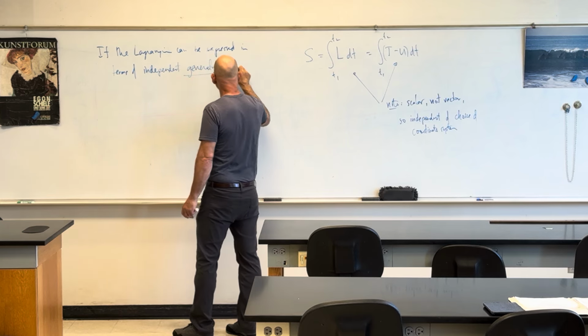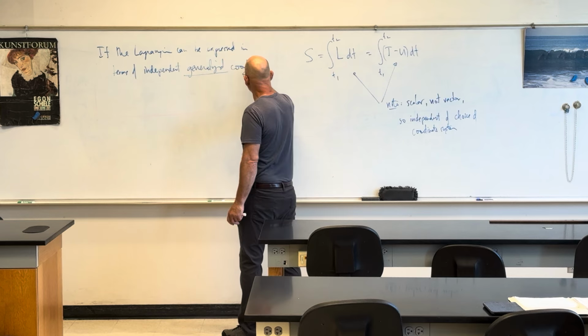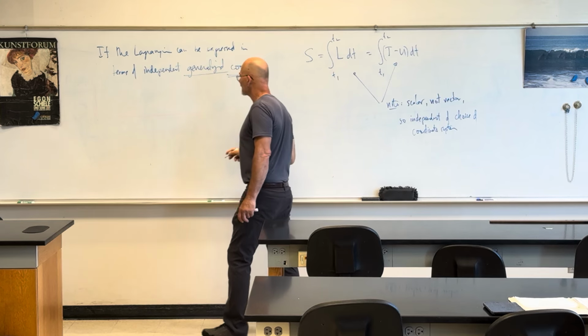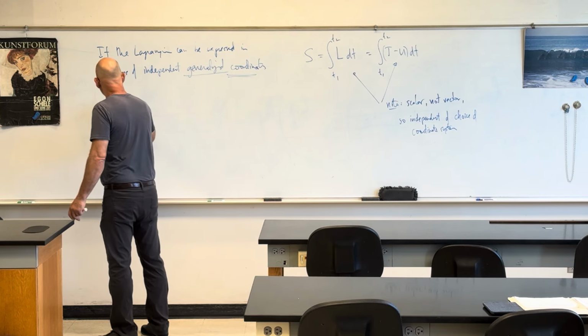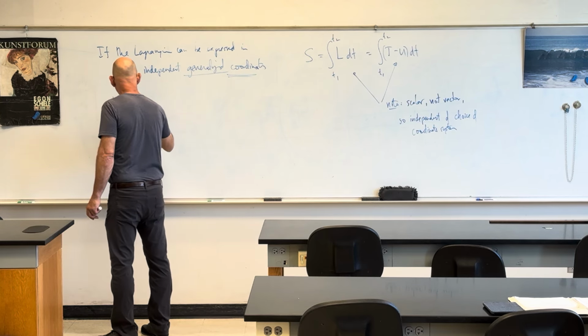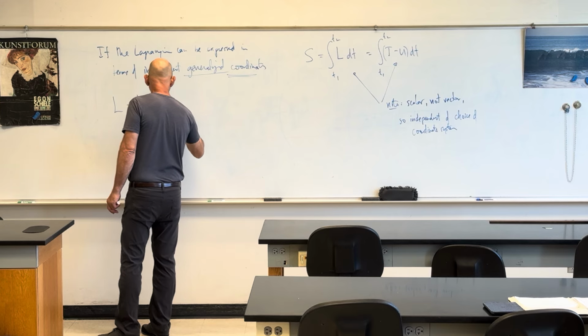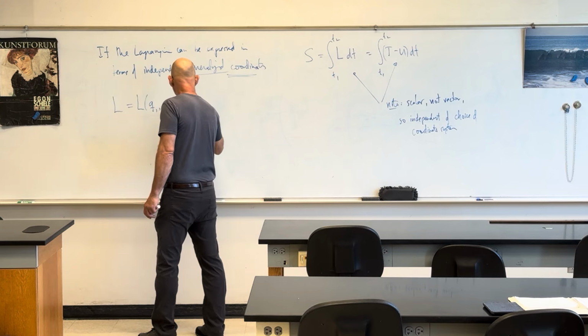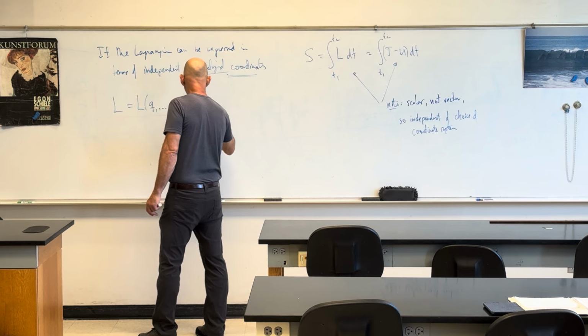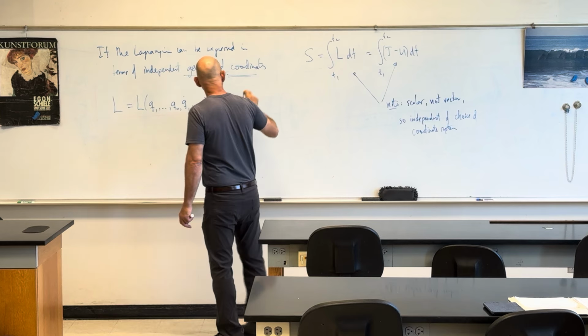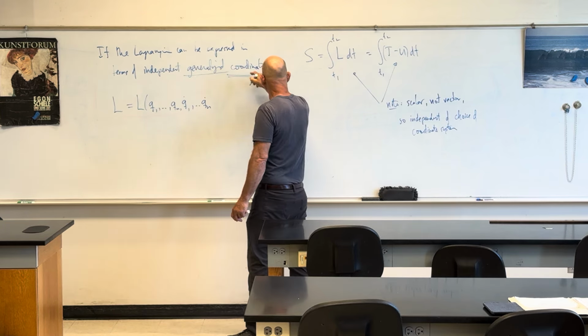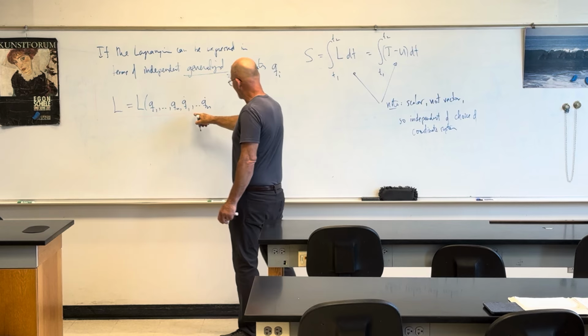Generalized coordinates, that's the important terminology here. So L is going to be L of Q1 to Qn, Q1 dot to Qn dot. So, generalized coordinates Q sub i, and their derivatives.